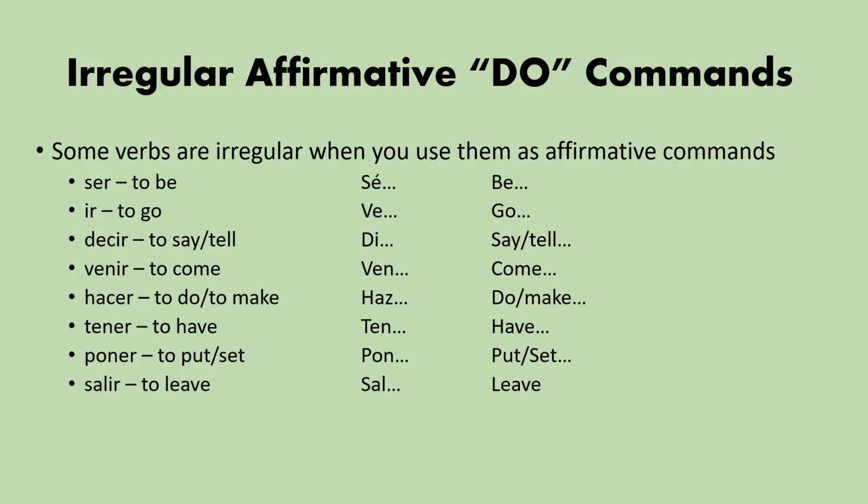If you recall back on our vocabulario video lesson where you had the list of chores from the mom, those list of chores were in the command form. So you've seen some of these before, you just didn't realize at the time why they were spelled the way they are and what they literally translated into. So there's only 8. Again, it's sé, ve, di, ven, haz, ten, pon, and sal. And then you have your translations. You need to make sure all 8 of those are written down and how to spell them in the command.